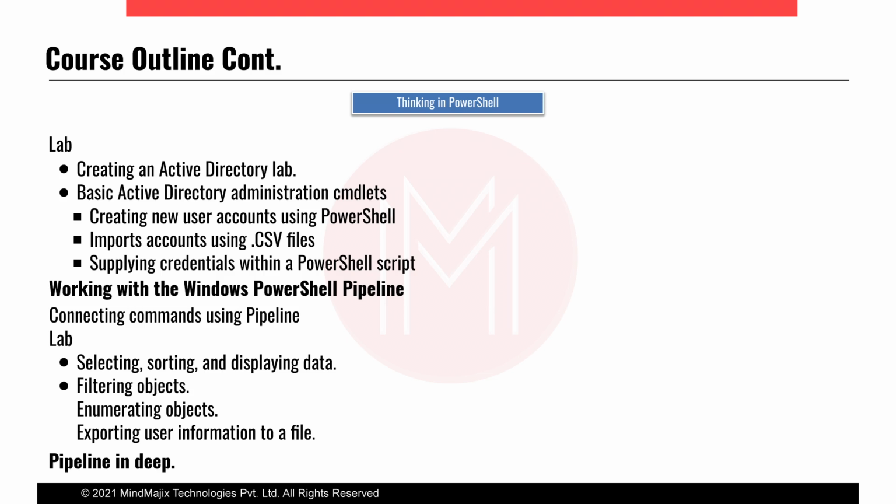a keyboard character, the pipe, the vertical bar present on the keyboard. With respect to this PowerShell language, when we use this operator, that vertical bar, while writing PowerShell commands, we can join different commands into a single line.